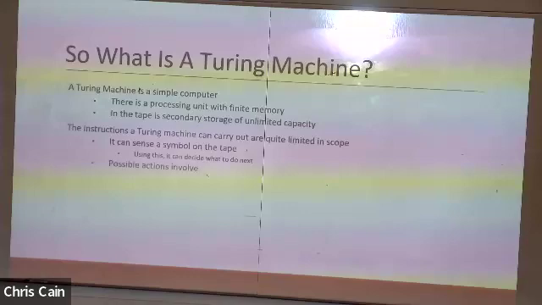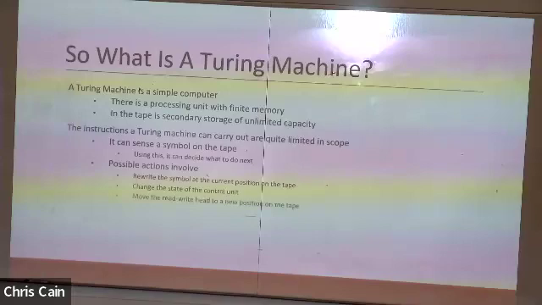Things it can do: rewrite the symbol of the current position, change the state of the control unit, and move the read-write head to a new position. So those are the actions it can take. That's the one sense it has. All it can do is figure out what state am I in and what's on the tape at this exact position. No other information is needed.